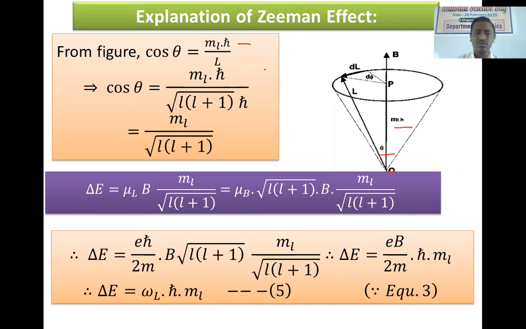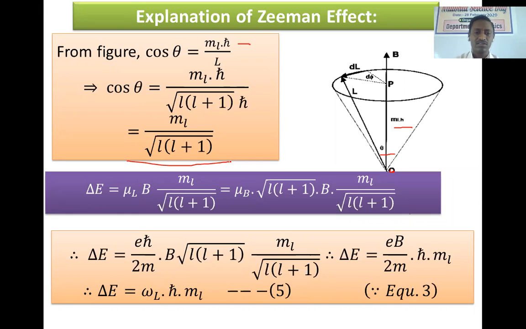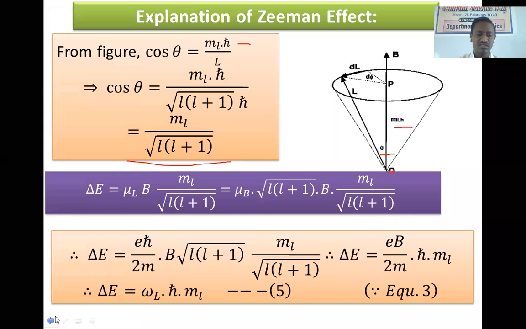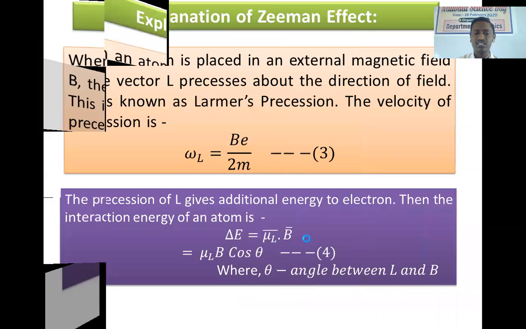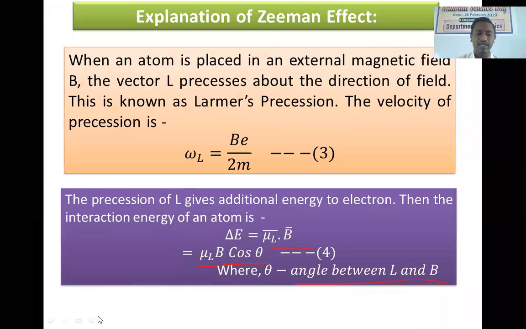So h cross in numerator and denominator gets cancelled. Hence the value of cos theta will be ml upon under root of l, l plus 1.